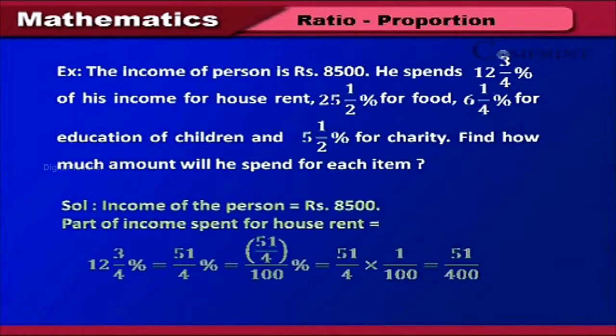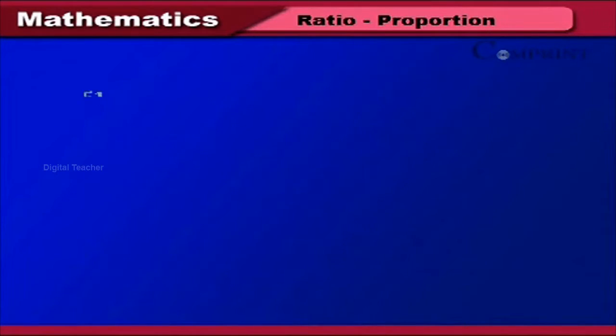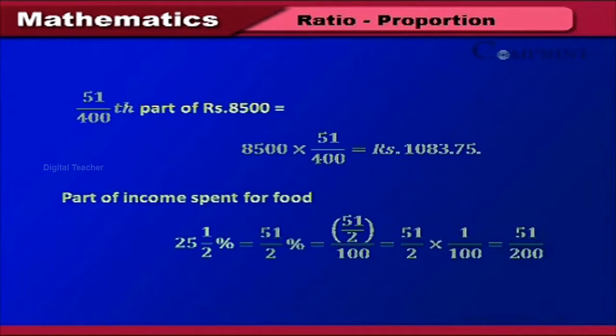Part of income spent for house rent is 12 3/4%, which is 51/4%, which is 51/4 by 100, which is 51/4 into 1 by 100, which is 51/400. 51/400th part of rupees 8,500 is 8,500 into 51/400, which is 1,083.75 rupees.